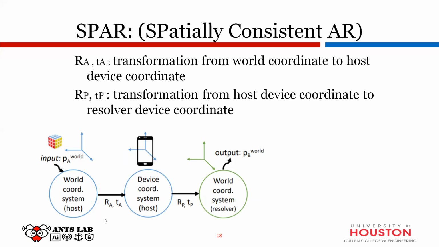With these two pieces of information, you are able to know, okay, maybe your camera is facing this side instead of the opposite side. This is how they get the transformation, the coordinate relation between the virtual object and the host.